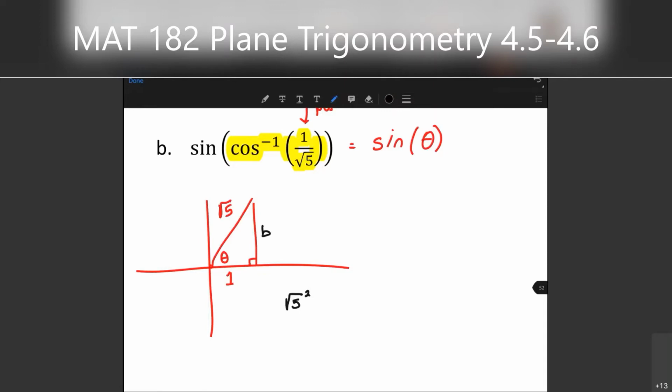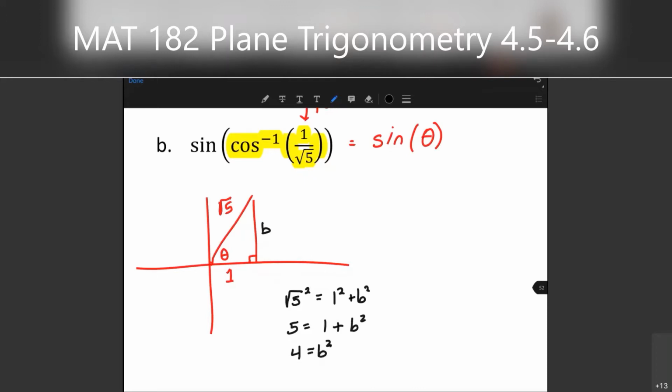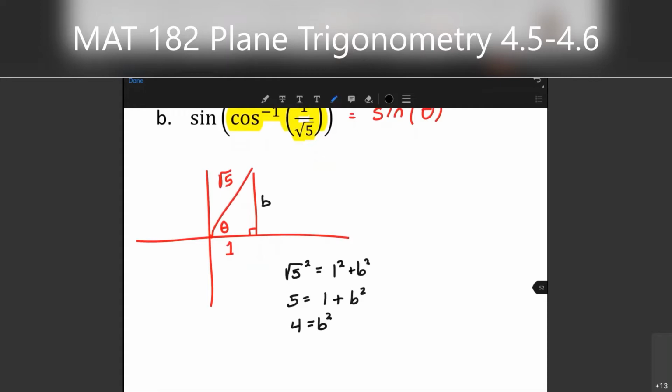Yep, so we'd have square root of 5 squared equals 1 squared plus b squared. So it looks like 4 is equal to b squared, so that would make b a 2. Since we are in the positive quadrant here, b is equal to 2.